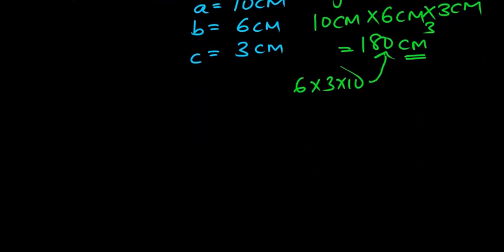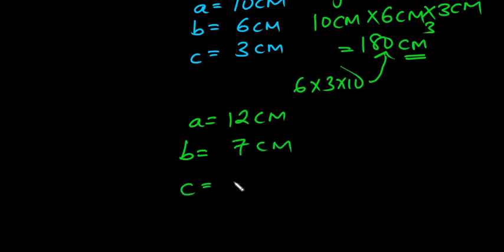Let's say we have the measurements of a cuboid. Let's have the length A as 12 centimeters, and then B as 7 centimeters and C as 5 centimeters. So go ahead and try to work this out.